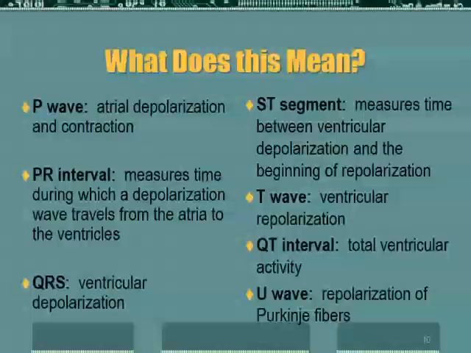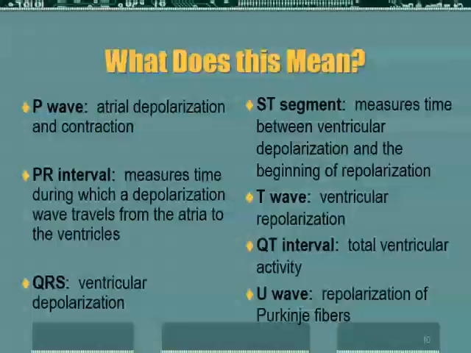A normal value for this is 0.06 to 0.10 seconds. The ST segment measures time between ventricular depolarization and the beginning of repolarization. Typically with the ST segment, what we're looking at is whether it's sitting at the isoelectric line, or is it elevated, as sometimes happens in patients that have cardiac problems.